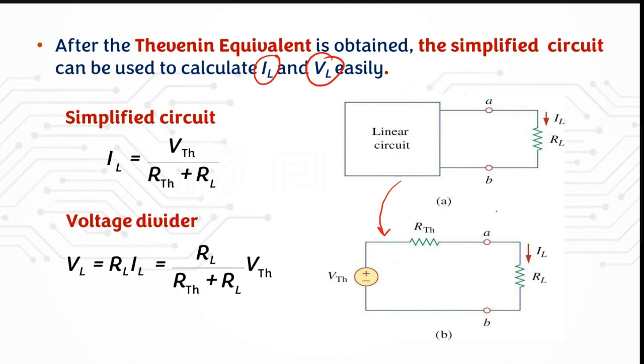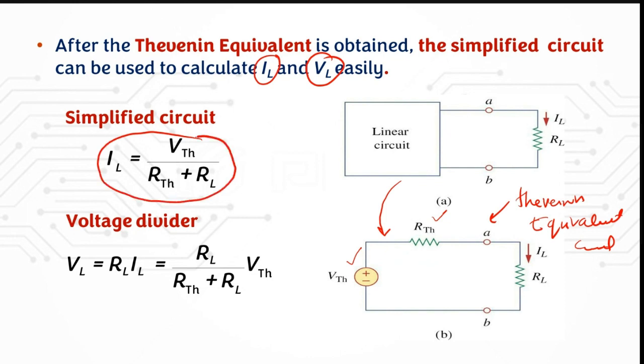From this circuit, where you have already calculated the Thevenin voltage and Thevenin resistance, you can get the value of IL using this equation, where IL is equal to VTH over RTH plus RL.